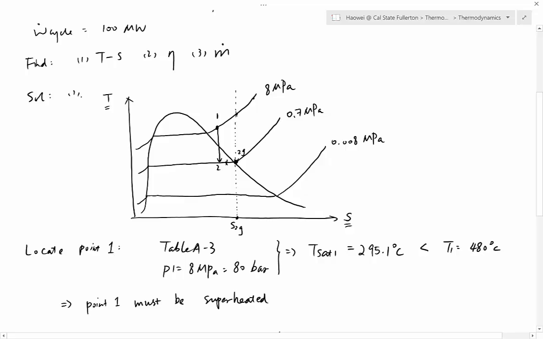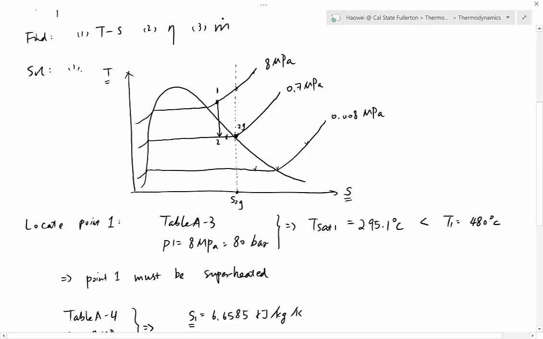How do we sketch the second turbine? 3 to 4, you must go straight down because it is isentropic again. So is it possible for me to have 3 to 4 where number 4 ends up as a mixture? Yes. Or number 4 ends up as a G point, or number 4 ends up as superheated? Yes, you have three possible solutions. And then how do you decide which one is correct?